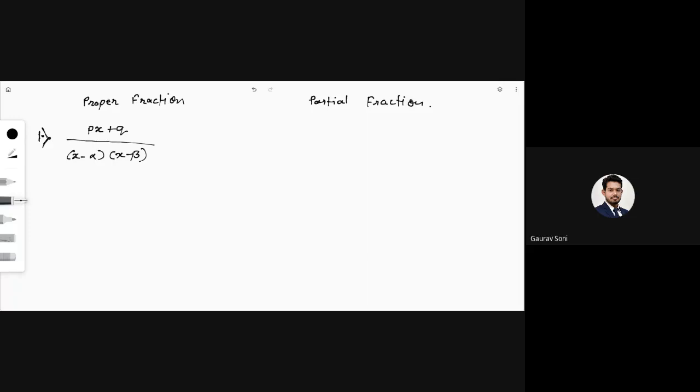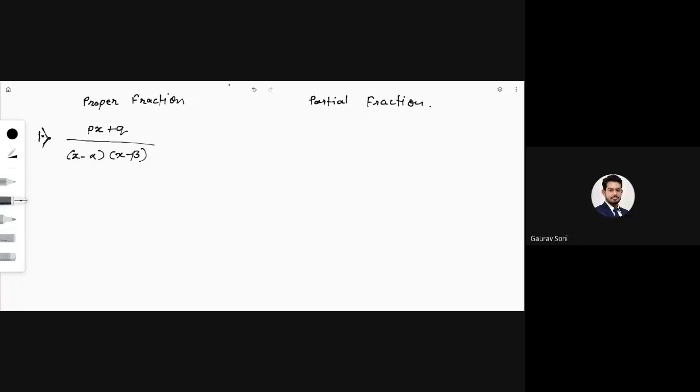Anyone? Degree of numerator is 1, and degree of denominator? My question is, what is the degree of denominator here? It's 2.